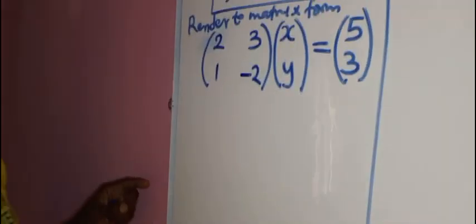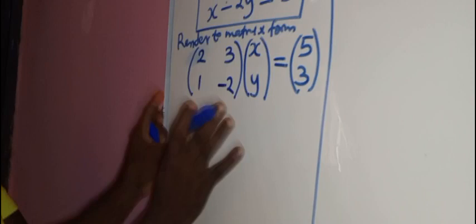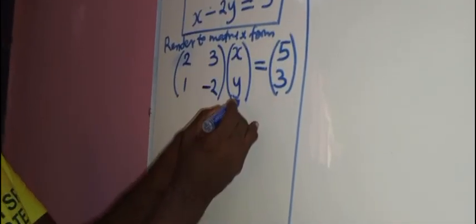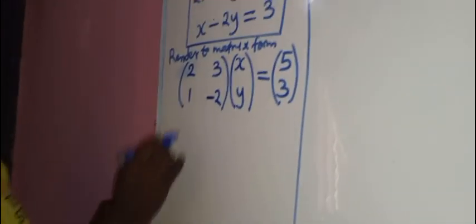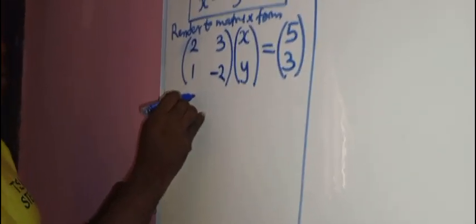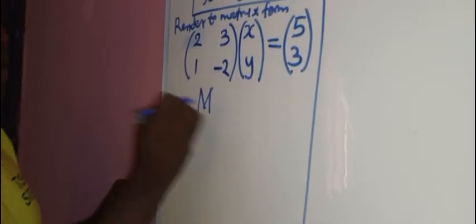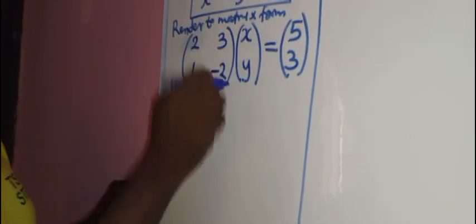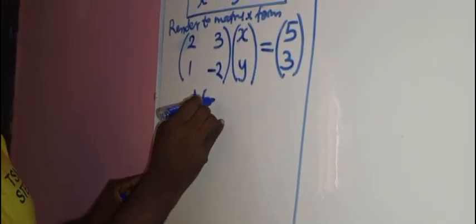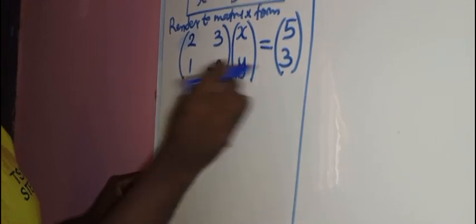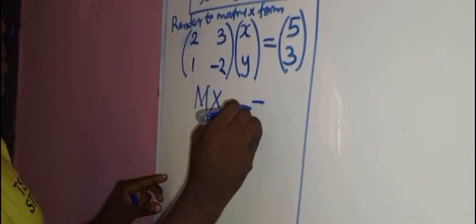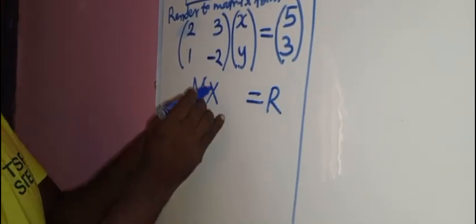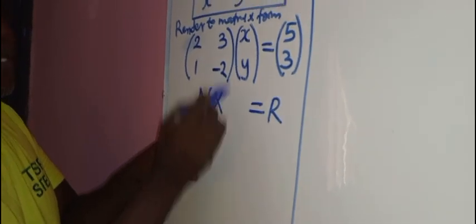Now the next step. Don't forget it's x and y. Now you assume that this is M, this is the matrix. Assume that this one is big X. Then this one is the result, R. What we are looking for is this big X, which represents x and y.